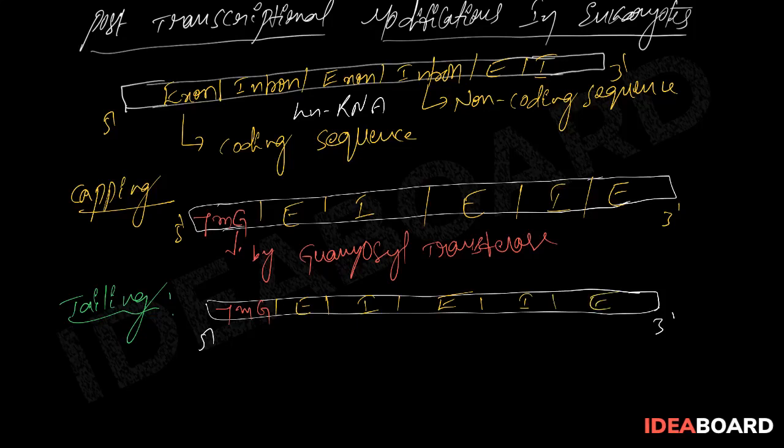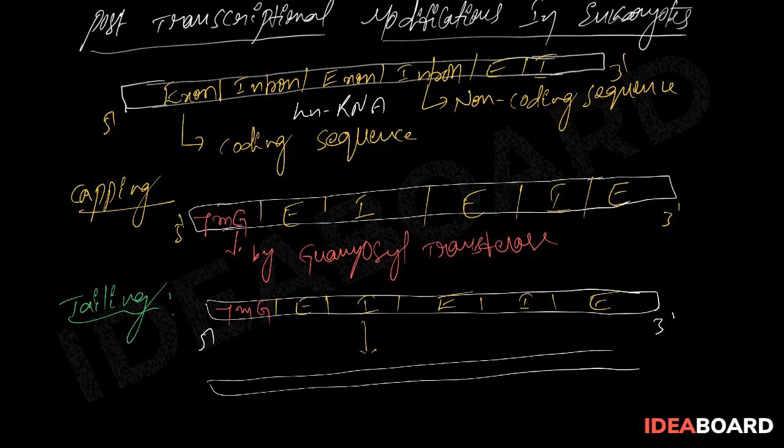More adenine residues are added at the 3' end in a template independent manner. You can take this hnRNA, with 5' region, 3' region, and 7-methylguanosine usually present here.